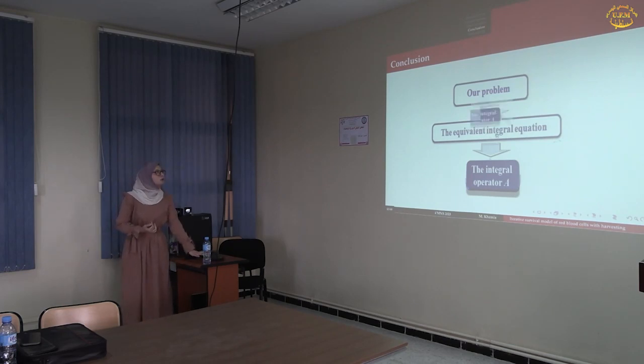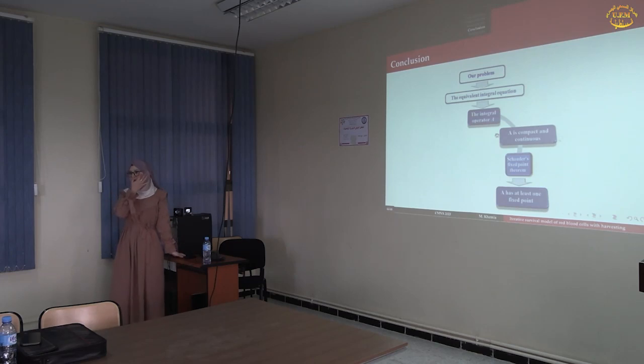Next, with the help of some properties of the obtained kernel and under some assumptions, we succeeded in constructing an integral operator A, well-defined, continuous, compact, and mapping the departure set omega into itself.